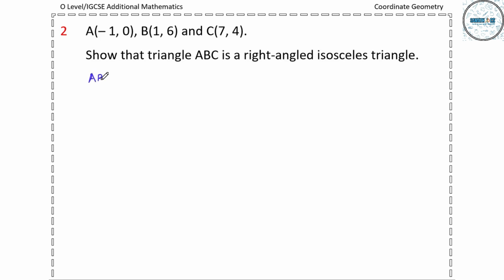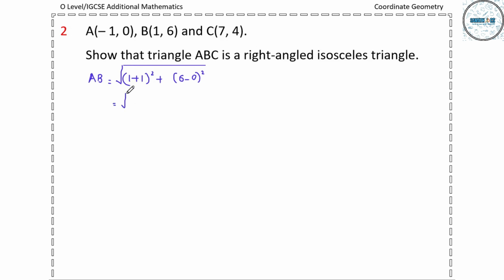For length of AB, we'll be using the coordinates of A and B. So we have here 1 plus 1 whole square plus 6 minus 0 whole square, which is simply 6 square.